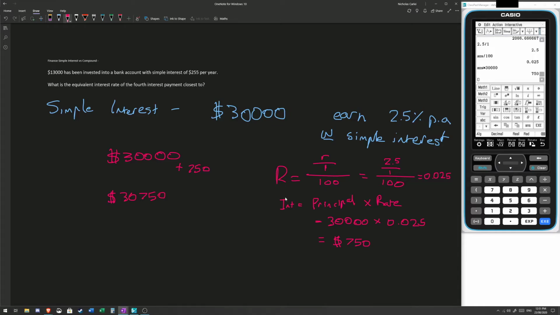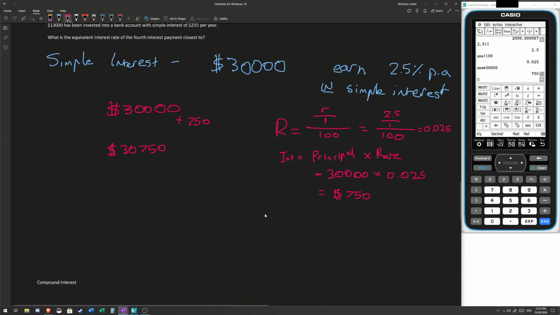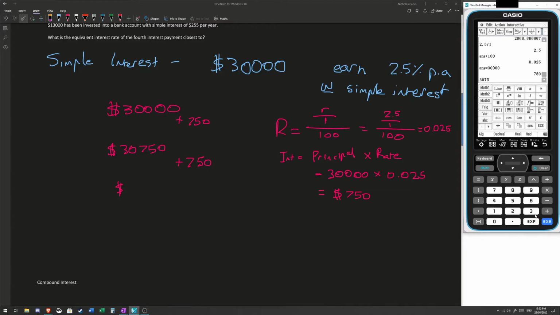Now, with simple interest, the reason it says simple in the name is because the next year we earn $750, and that becomes, what's that? I'll do it on the calculator just so everyone knows. 31,500. The next year we add $750, and so on and so on.